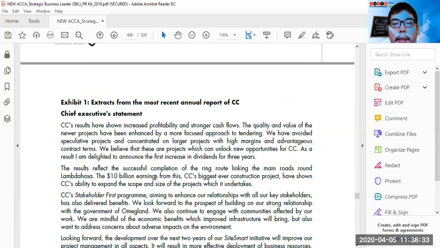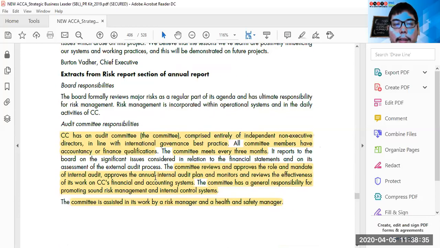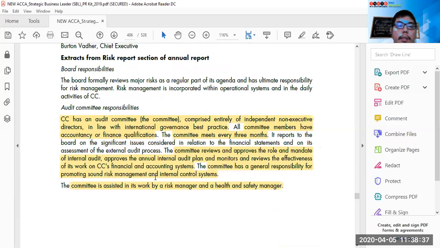All right, let's look at the current structure, the CC audit committee responsibility. CC has an audit committee comprised entirely of independent NEDs, non-executive directors, in line with international governance best practice. All committee members have accountancy or finance qualifications.